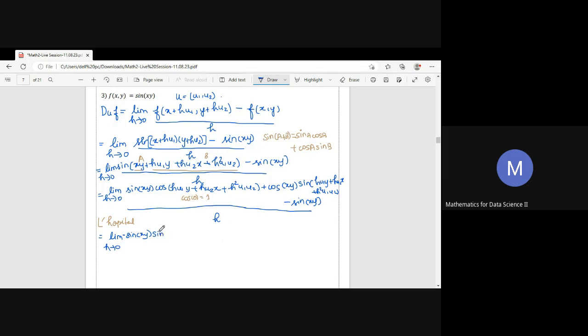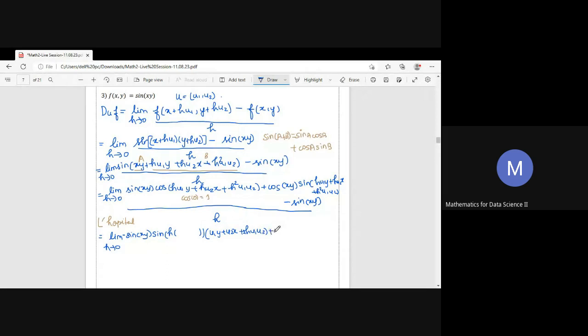It is minus sin of this function, minus sin of h times of (u1 y + u2 x + h u1 u2), and then the derivative of this function with respect to h, which is u1 y + u2 x + 2h u1 u2.